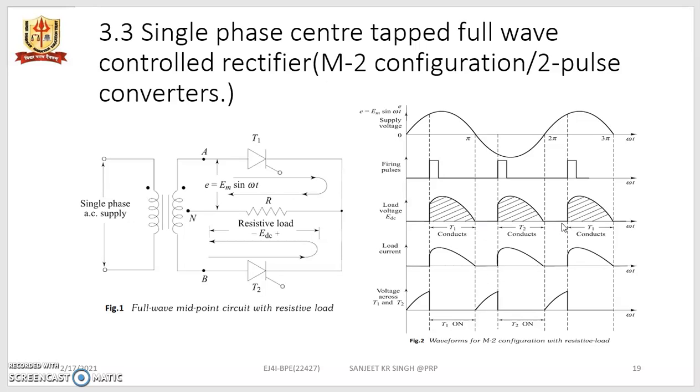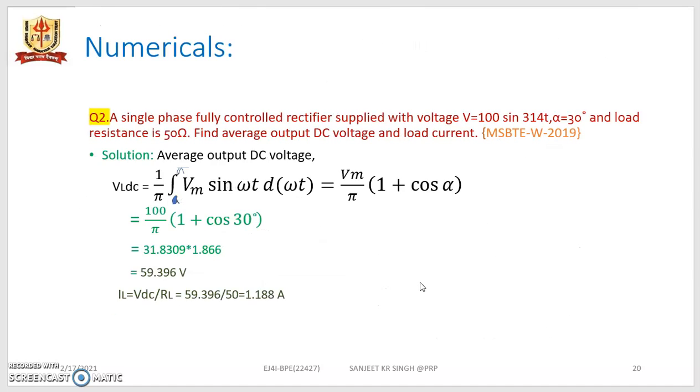Here it is discontinuous mode of operation, and the average output voltage VLDC will be given by Vm by pi times 1 plus cos alpha. In this particular numerical we have the Vm of the supply voltage as 100, firing angle 30 degrees and load resistance 50 ohm.